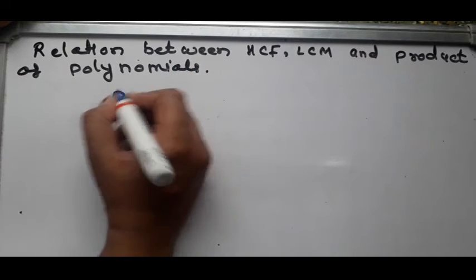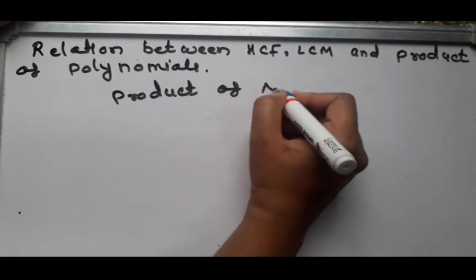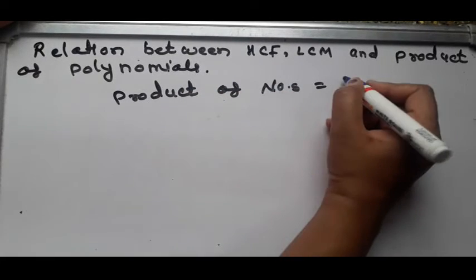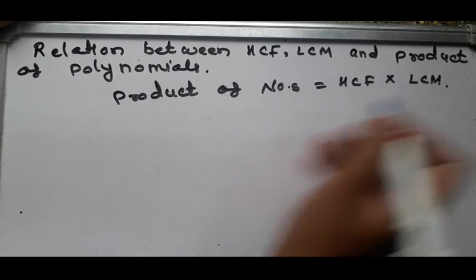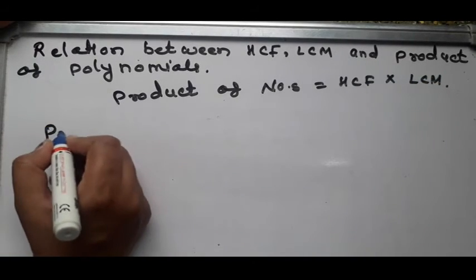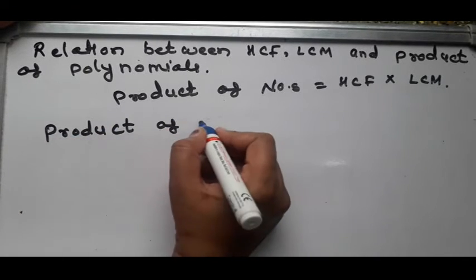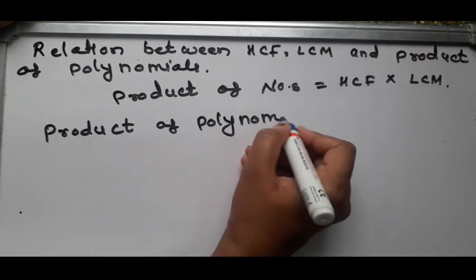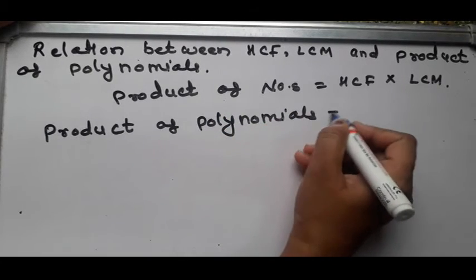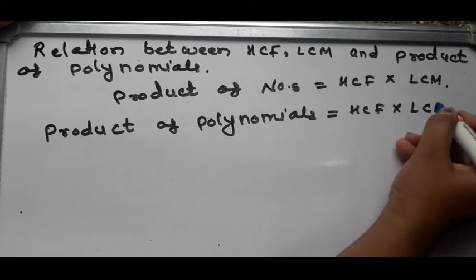You know that the product of numbers is equal to the HCF of those numbers multiplied by the LCM of those numbers. In the same manner, the product of two polynomials, okay, 2 or 3, is equal to the HCF of those polynomials multiplied by the LCM of those polynomials.